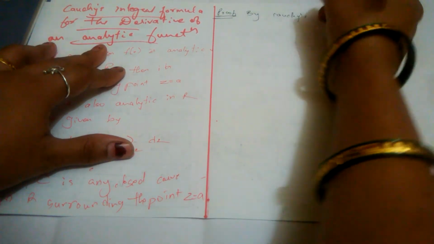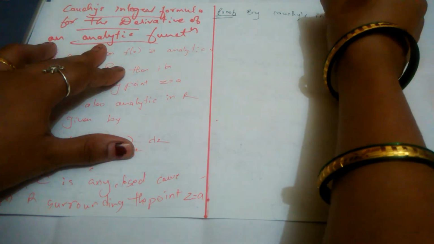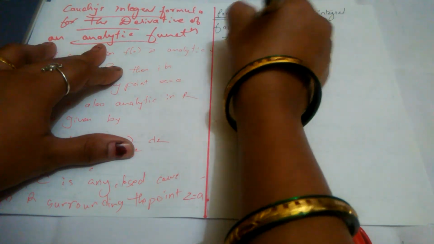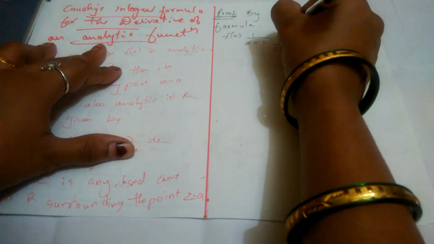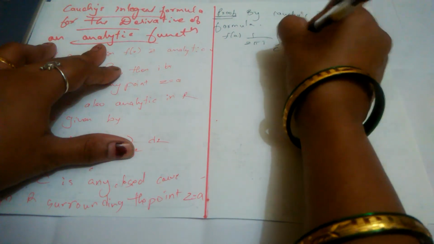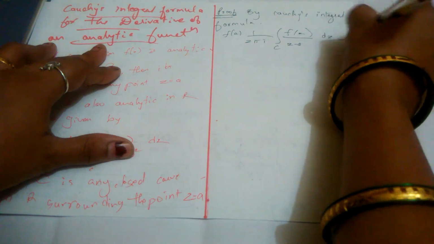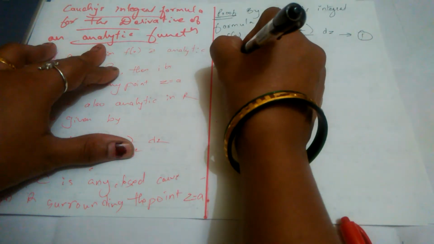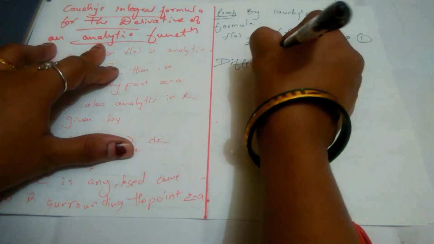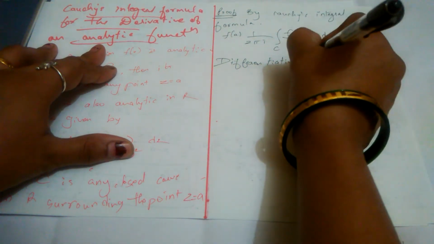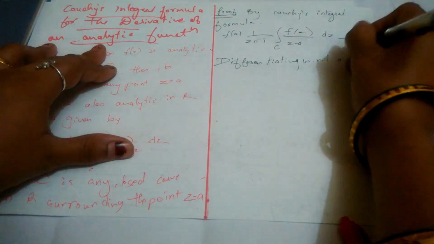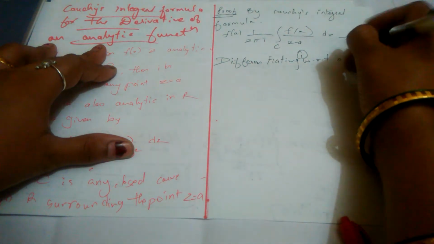So as we have our previous proof, what was there? By Cauchy's integral formula, we have f of a is equals to 1 upon 2 pi i integral c f of z upon z minus a into dz. Let me mark this as equation number 1. What I am doing is differentiating equation number 1 with respect to a.